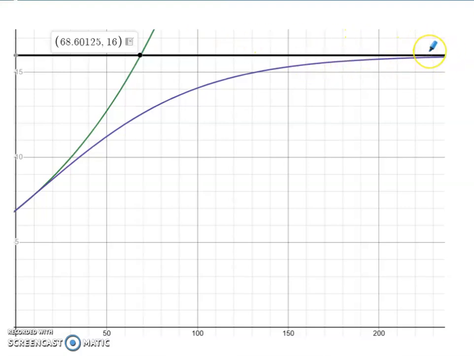It's reaching that ceiling and never going to exceed it. So in the upcoming videos, we're going to talk about the specifics of this logistic growth model. Exponential growth works well at projections over shorter time frames, but starts to lose some validity over longer time frames because of how quickly those exponential growth graphs grow.